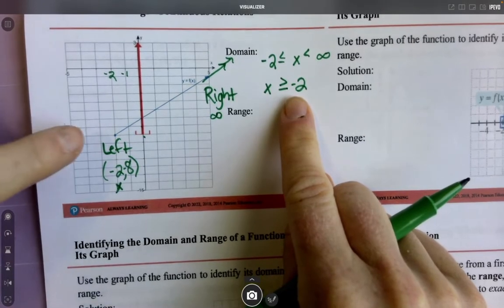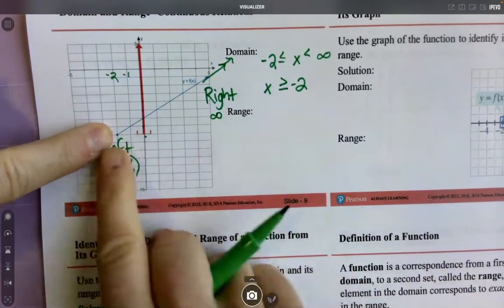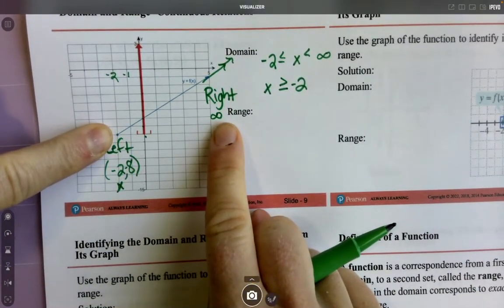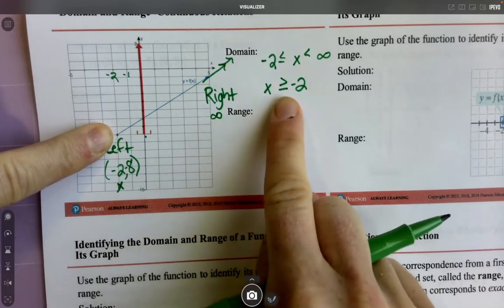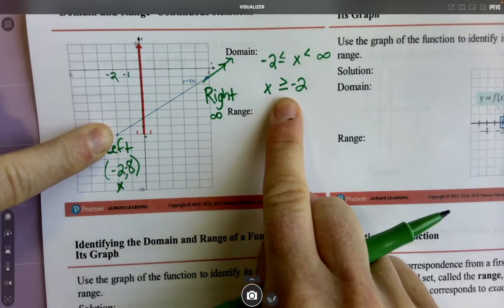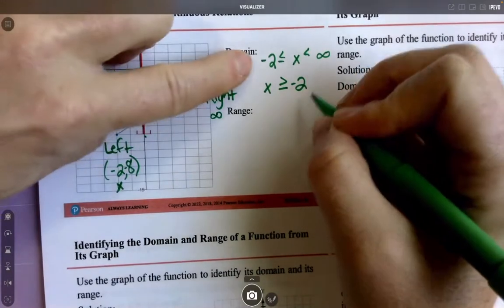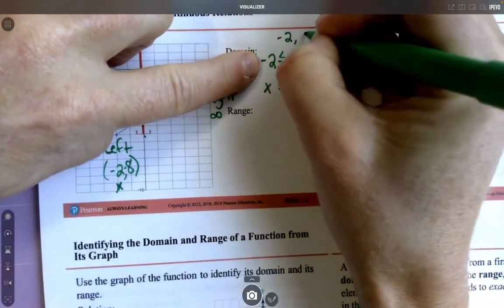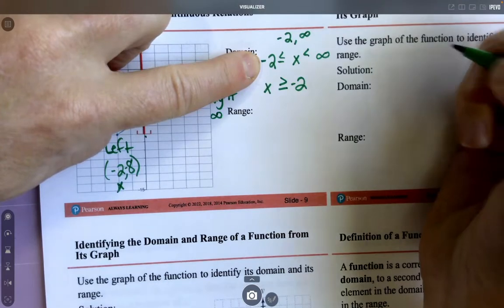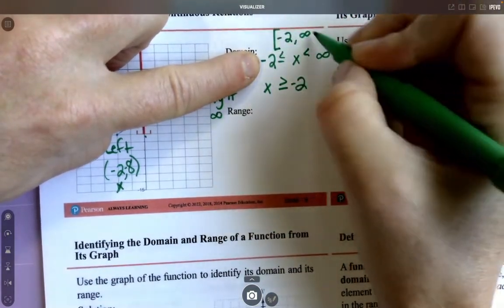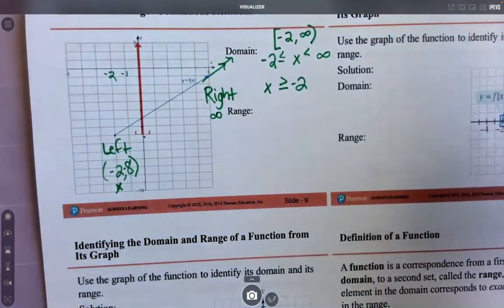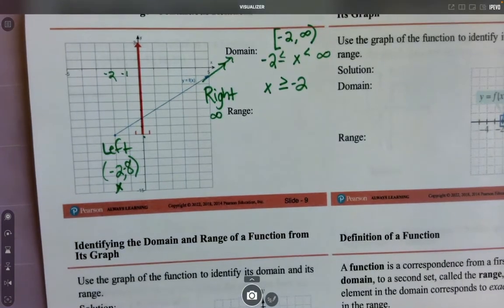So see how the x value is at -2, and then it goes to positive infinity. So that means it's greater than or equal to -2. The interval notation would be it starts at -2 and goes to infinity. This is a bracket because it's included. This is a parenthesis because it's not going to actually touch infinity, because you can't.